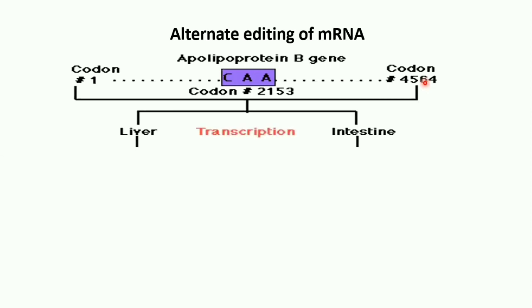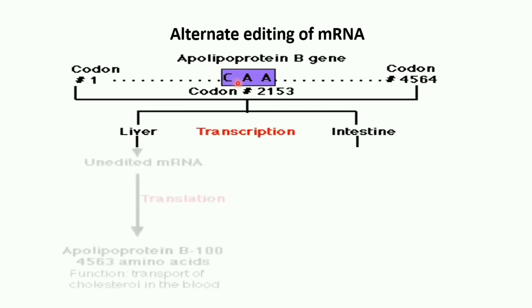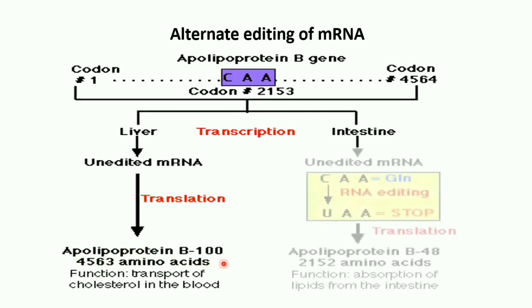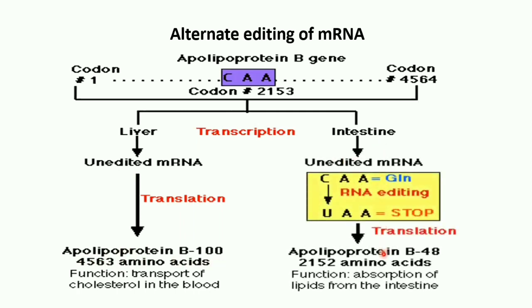If you see here, after transcription in liver, the mRNA of this ApoB gene is translated to produce apolipoprotein B100. But in intestine, it produces apolipoprotein B48 because here in the intestine, RNA editing has occurred on this codon, and instead of CAA, this has been converted into UAA.